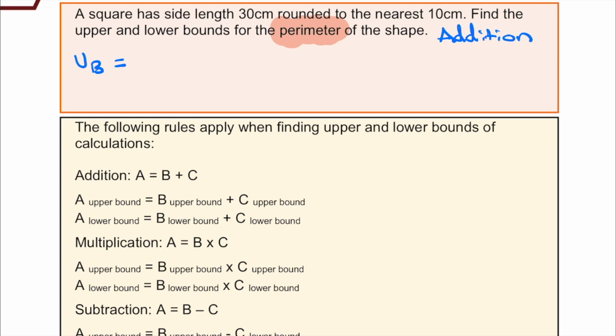We do still say that 35 is the upper bound, even though it's everything just below it. So we're going to take this side length of our square, 35, and we know that there's four of them, so we add all of them together. If you add all of those 35s together, you're going to get 140.